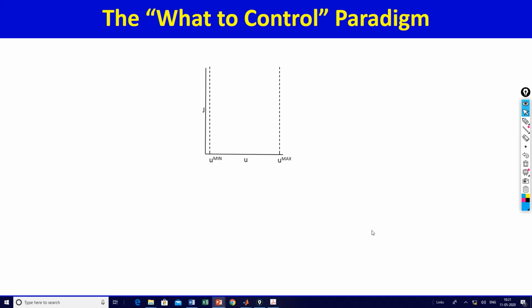With respect to the unconstrained degrees of freedom, we have the choice of controlling a process variable or choosing a specification variable corresponding to that unconstrained degree of freedom. Choosing a process variable as a specification and specifying a process variable is equivalent to controlling it.